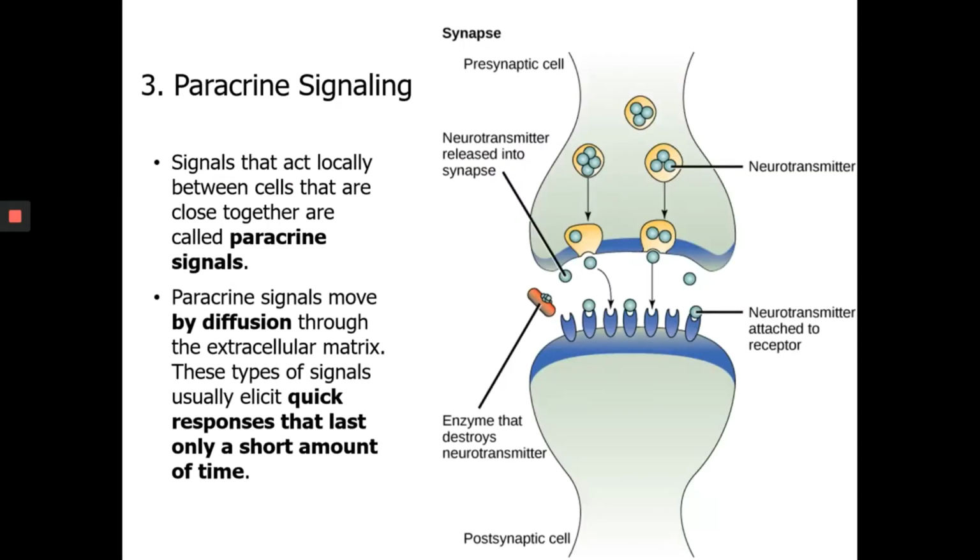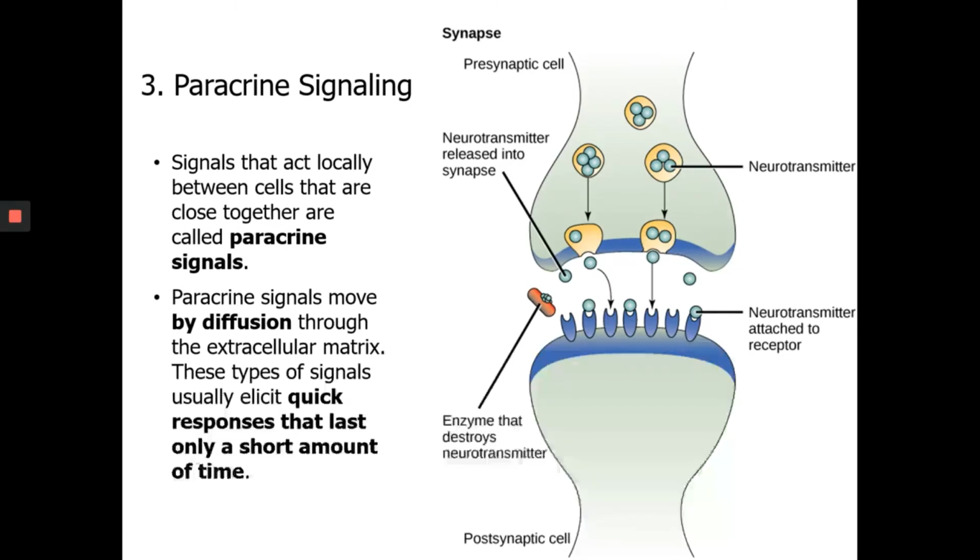All right, next one, paracrine signaling. So this happens between two neighboring cells, but they don't directly touch each other, or they're not connected by a gap junction. So they're going to be close, but there's a little bit of space in between them. Okay. So in this example, these are two nerve cells.